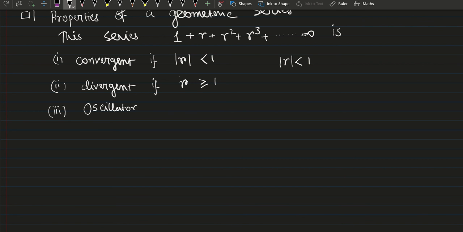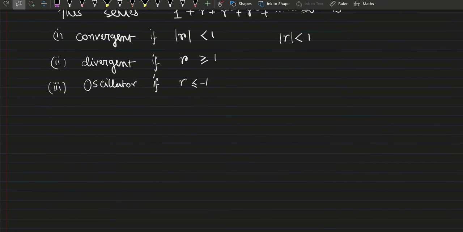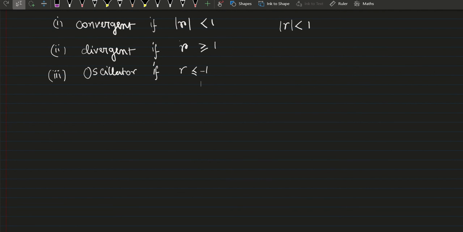Oscillatory means that it oscillates between two values. Oscillatory if r is less than or equal to minus 1. Let's plot it on a number line so it will be easy to visualize.